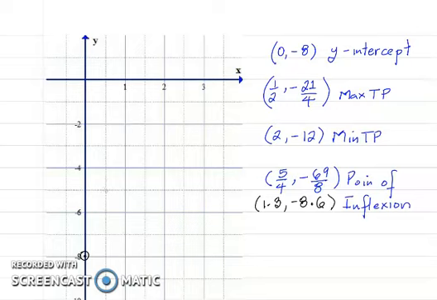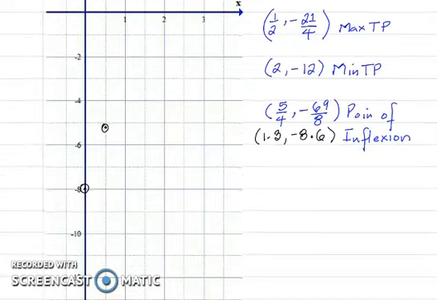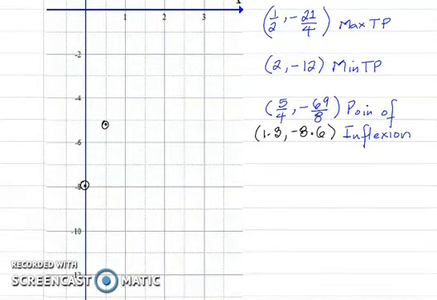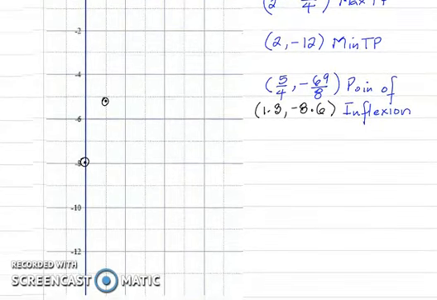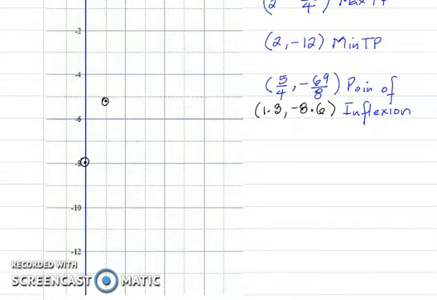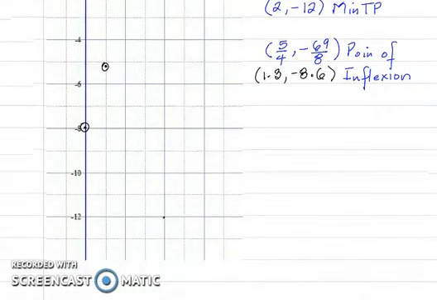So a half, this is 5 1/4 would probably put me somewhere, let's just say about here. That's a maximum turning point. Then we have 2, minus 12, is a minimum turning point. 2, minus 12 would put me here. 2, minus 12 is a minimum turning point.